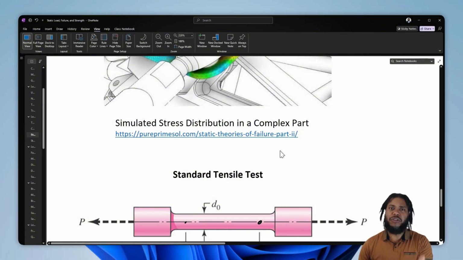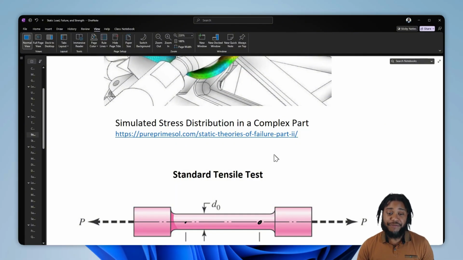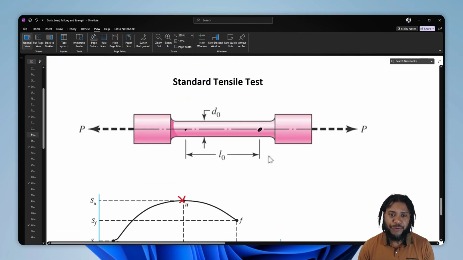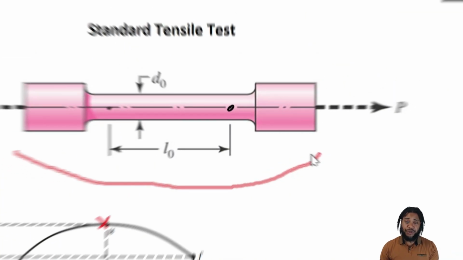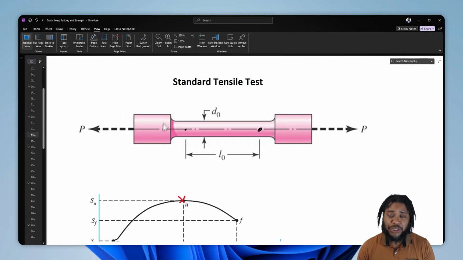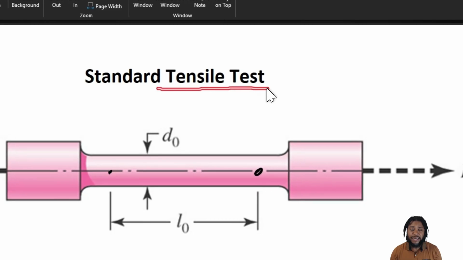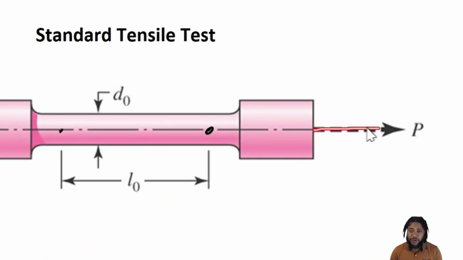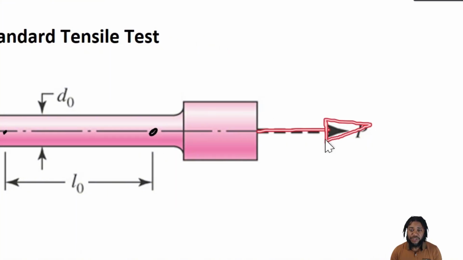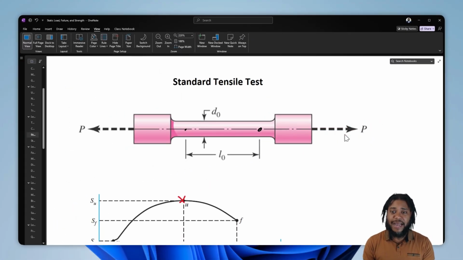Now, in terms of the ultimate tensile strength, the material property, how do we arrive at it? Well, the first thing we do is get a sample of our material and machine it into what's called a tensile test bar. And this bar we will load with force with a quasi-static loading condition, very slowly increasing the force.